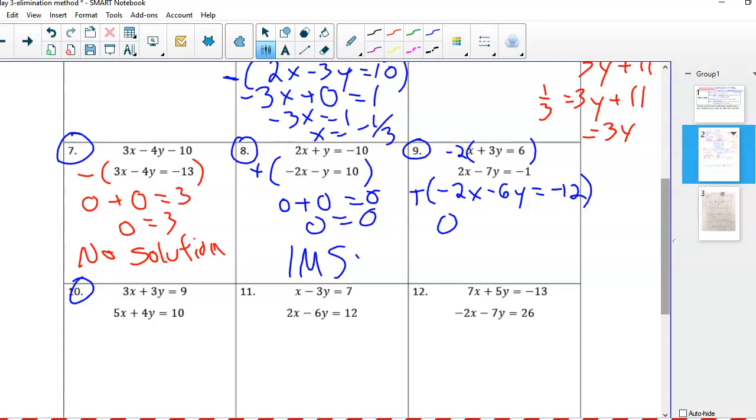Negative 7y plus negative 6y is the same thing as negative 7 minus 6. Negative what? 13. Negative 13y. And then negative 1 plus negative 12, negative 13 also. So y is going to equal positive 1.